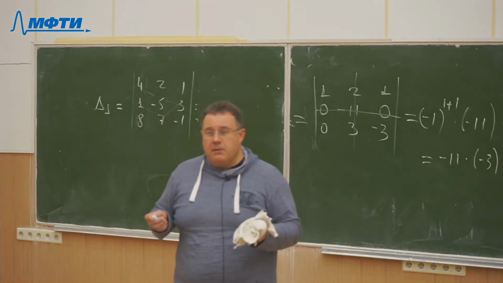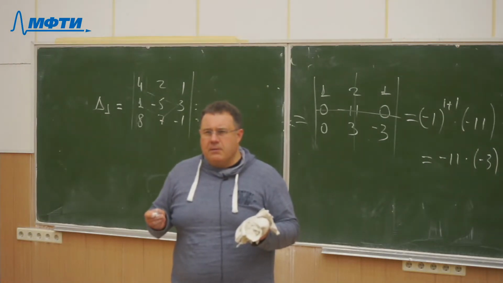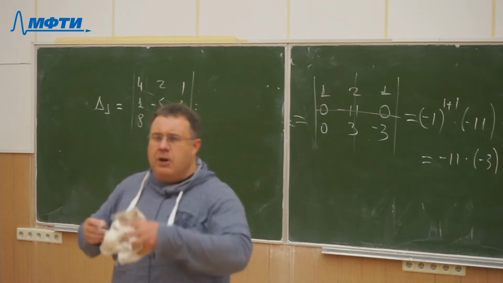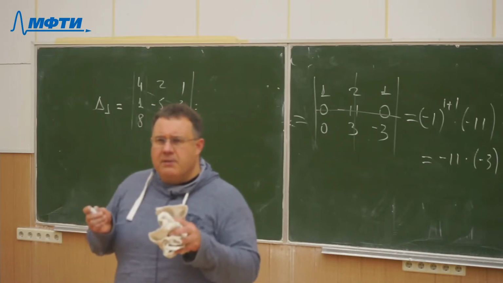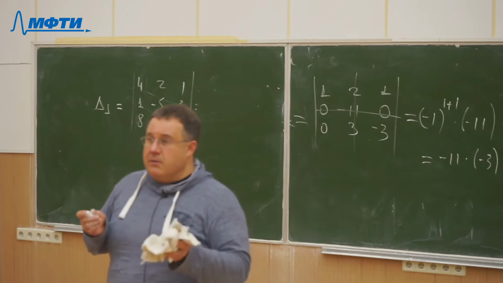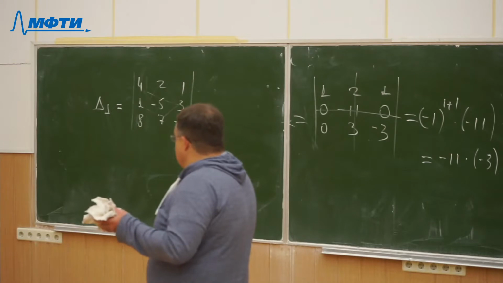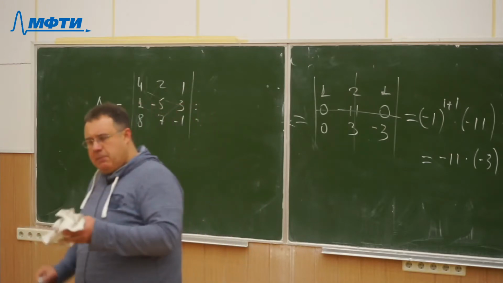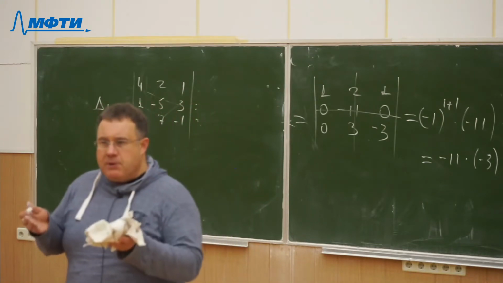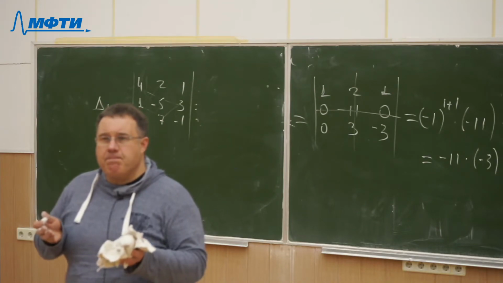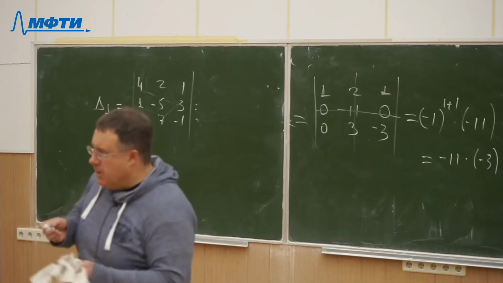I want to learn the triangle rule because I didn't understand how to calculate this. Of course, I can repeat it, but maybe you can use the properties of the determinant or not.